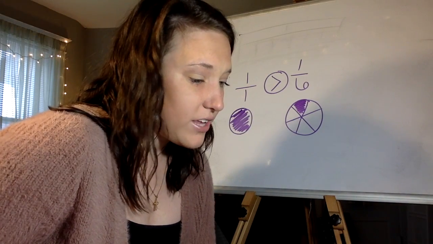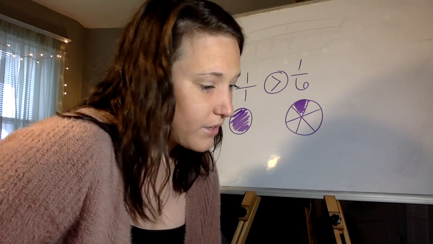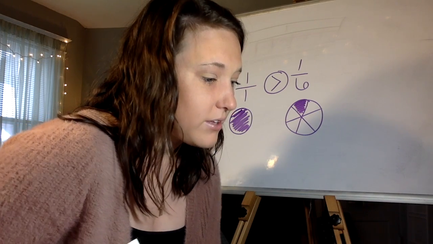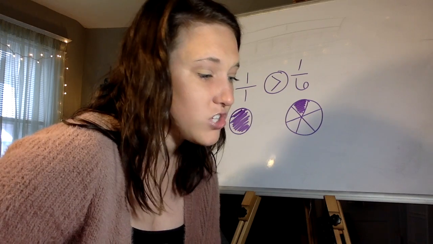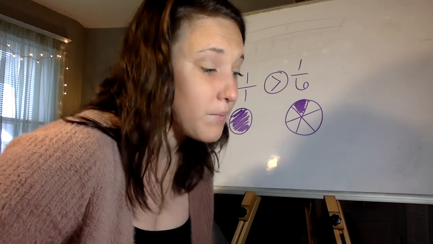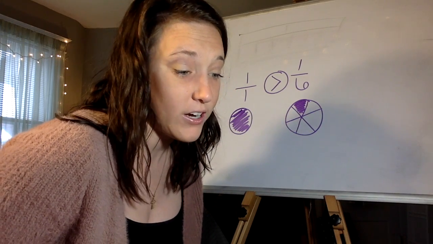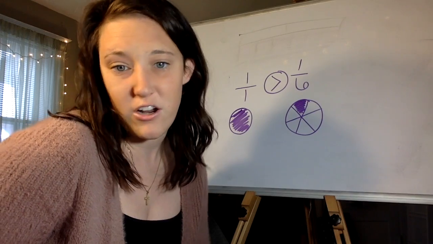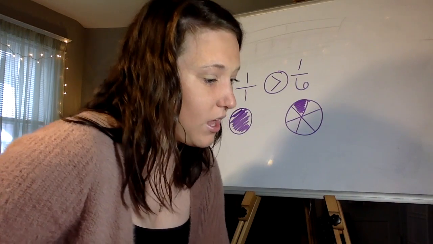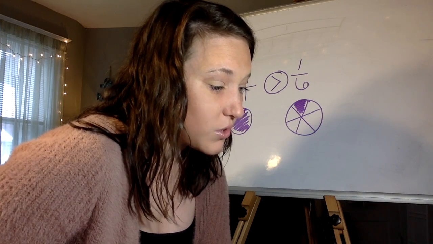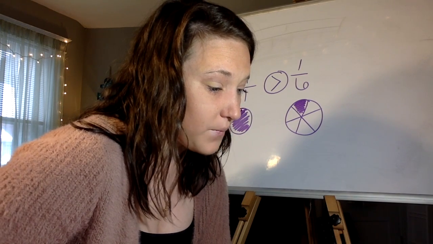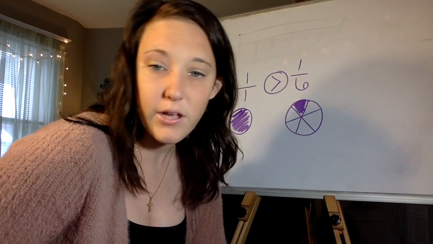When you look down even further, so looking at number 11, how could you shade those so you're comparing two fractions with the same numerators? Pick a numerator and shade them, okay? Number 12, it looks like you're playing soccer. So how would you compare, which day do you spend more time playing soccer?